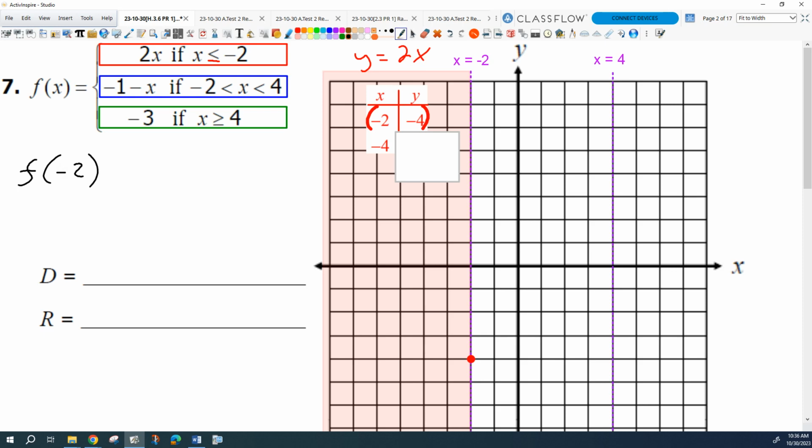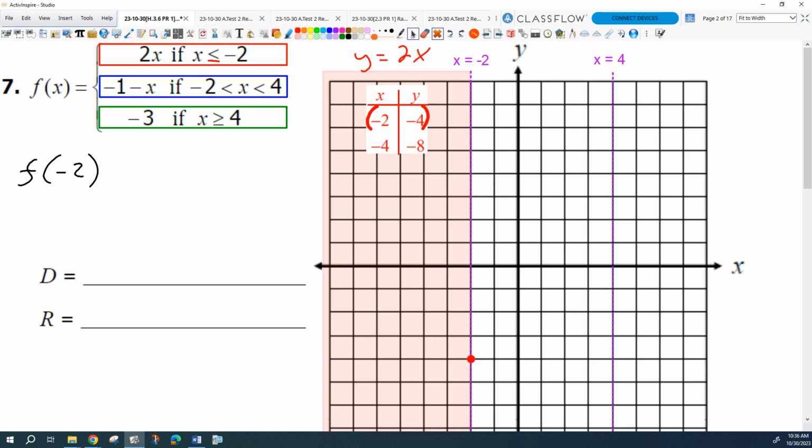Can somebody tell me how they would look at this big mess of a piecewise function and come up with that same answer? Because you're right, it is -8. I'm guessing a lot of you were looking up here at this equation when you said that, because that's the line we're graphing. How would we look at the piecewise function and get the same answer?